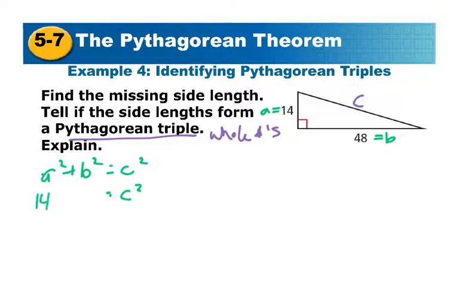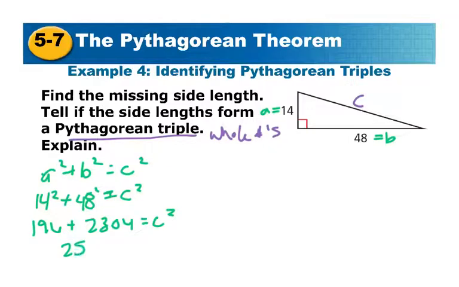A is supposed to be 14, b is supposed to be 48. And so 14 squared is 196. 48 squared is 2,304. If I add those together, we get 2,500. And take the square root, and we get 50.